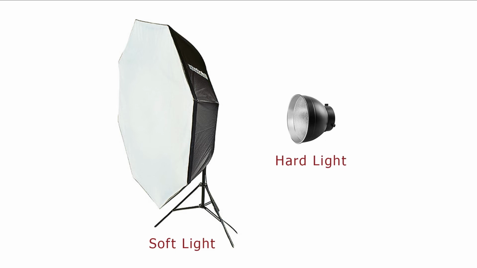So a large softbox or large modifier for soft light, and then a small reflector or a smaller modifier for hard light. There's a whole range of modifiers. We're going to look at a bunch of different modifiers that I use to create hard light, but the same rules really apply.